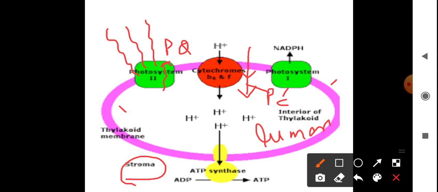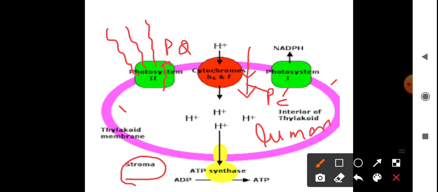Now what the cytochrome is doing here is, as we mentioned earlier, this is a series of electron carriers. It is not an electron carrier itself, but rather a proton acceptor and electron transporter. So using the energy which the electron loses when it comes across the cytochrome, a pair of protons from the stroma is pumped into the lumen of the thylakoid.